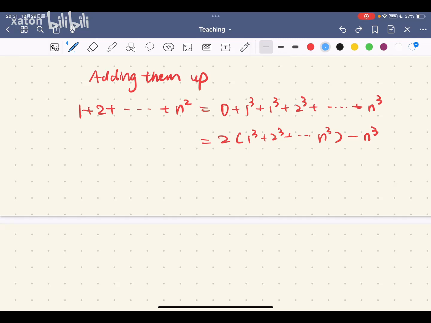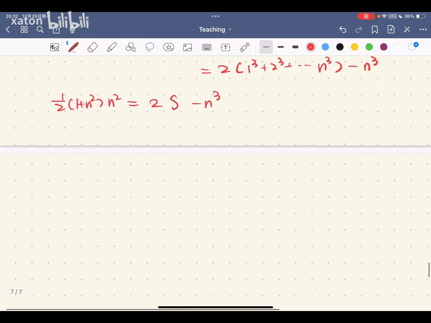We do the sum. This is easy. This is it. And this is the sum we want minus n. So that's equal, and we add n squared.